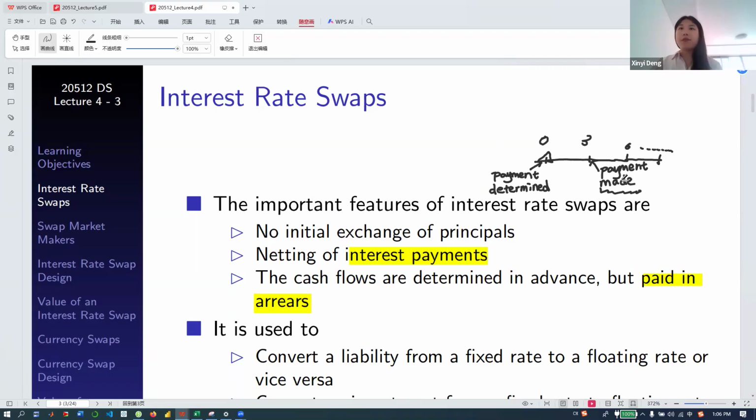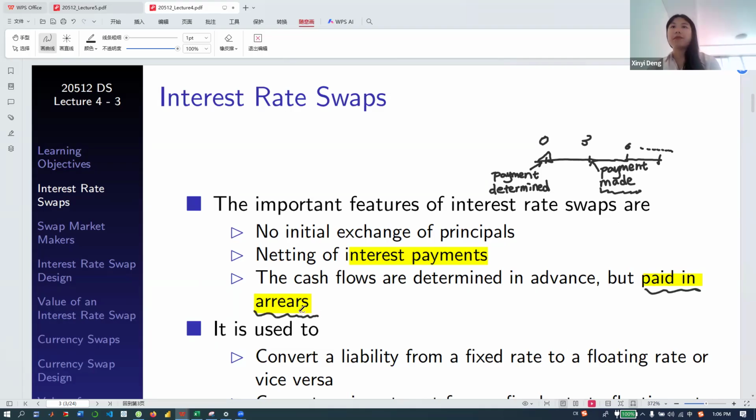So basically the payment is determined at quarter beginning and payment is made at quarter end. Or you can say that the payment is determined at the end of last quarter. So that's the meaning of paid in arrears.